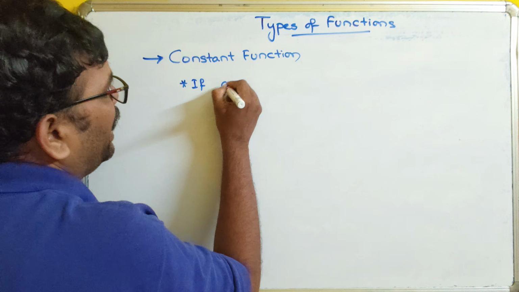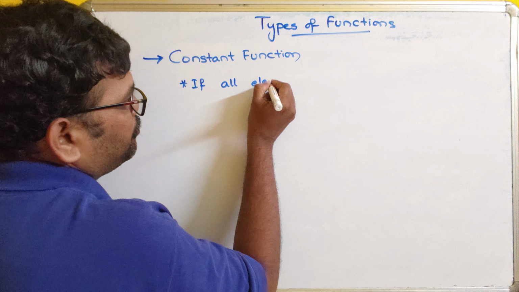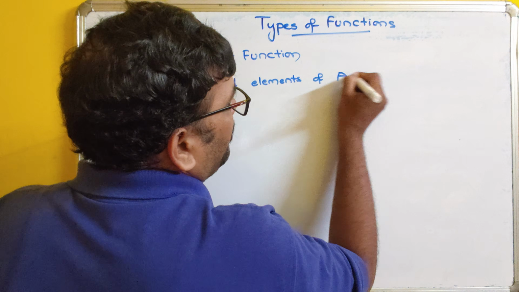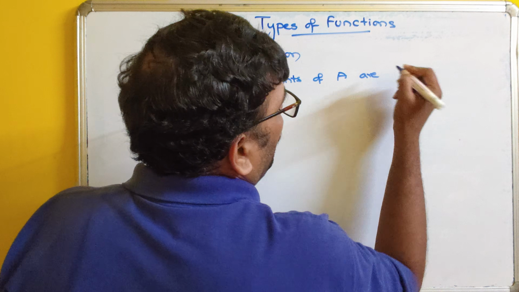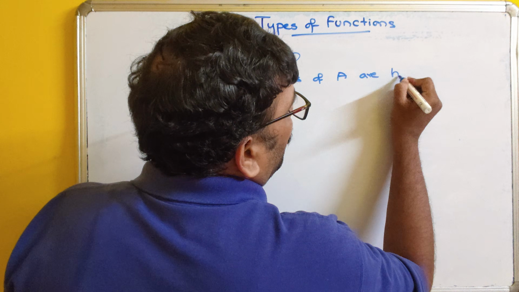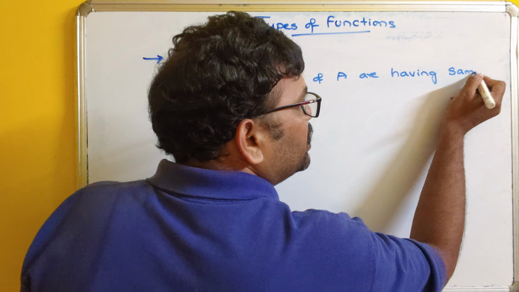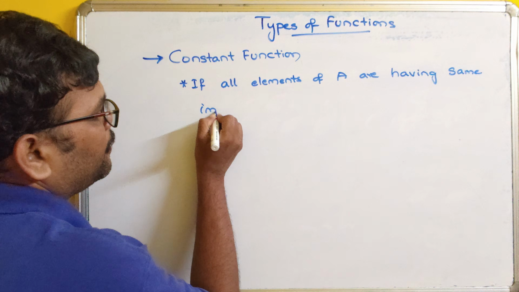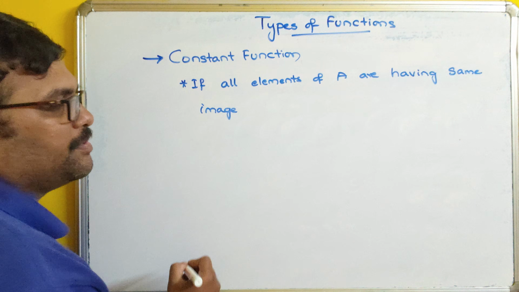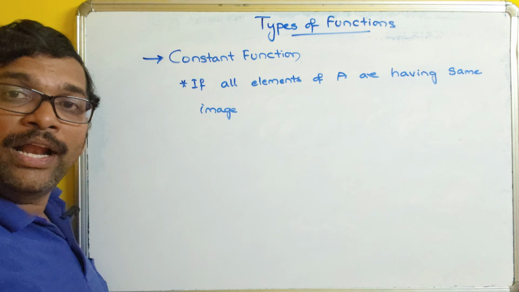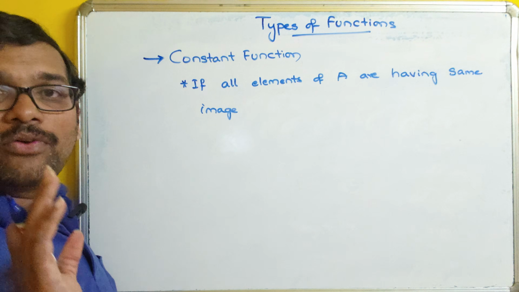If all elements of A are having the same image, then we can call it a constant function. So only one image for all the elements of A.